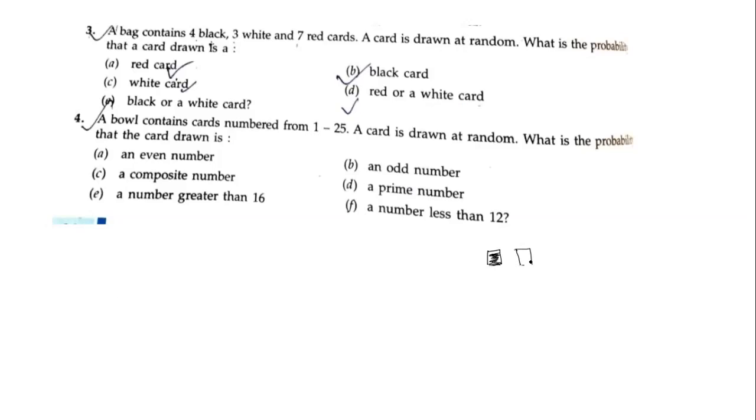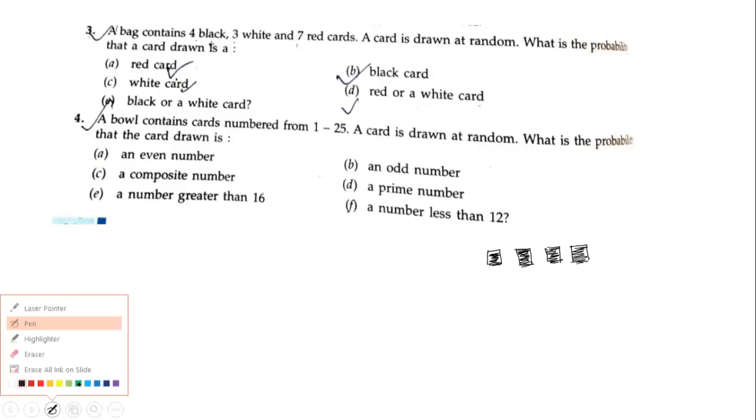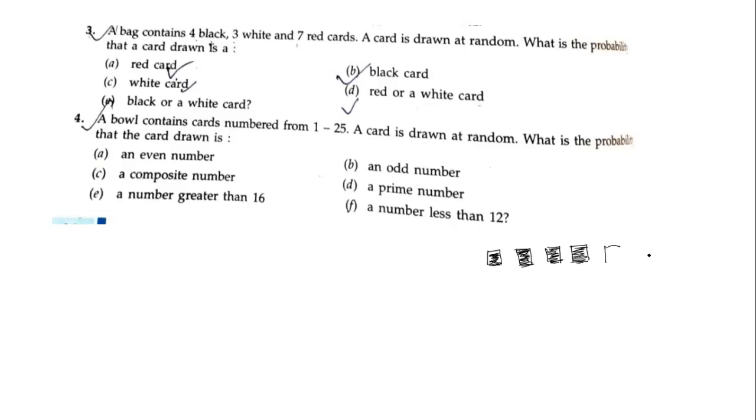1, 2, 3, 4 black cards are there. Then 3 white cards. व्हाइट कार्ड्स को हम ऐसे ही रहने देते हैं, बस इसकी आउटलाइनिंग कर देते हैं.